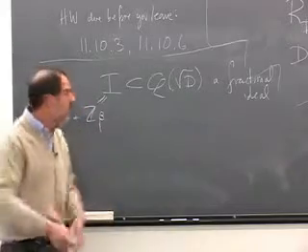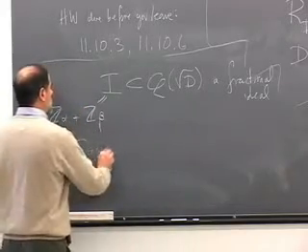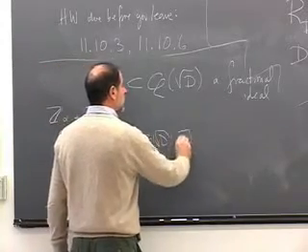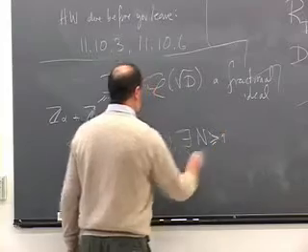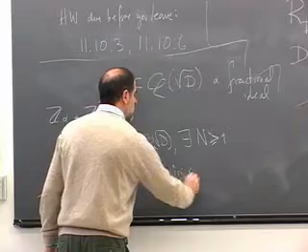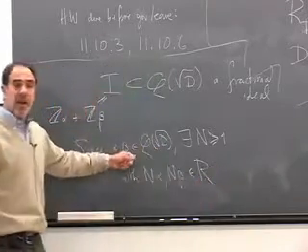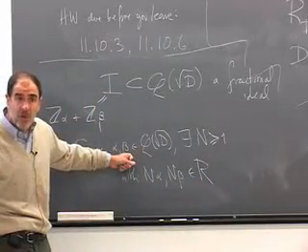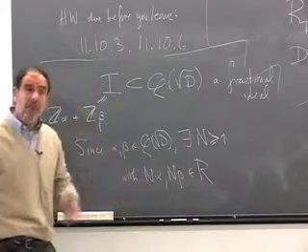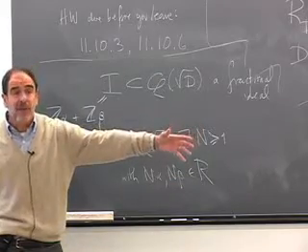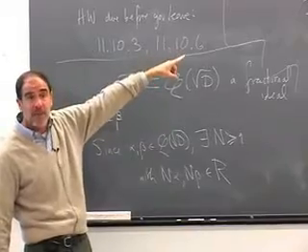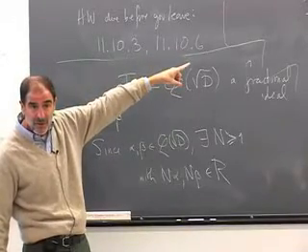Since alpha and beta are in Q(square root of D), there exists some integer n greater than or equal to 1 with n alpha, n beta in R. Namely, these are algebraic numbers. They satisfy some polynomial with rational coefficients. So by clearing denominators, by multiplying them by a large integer, you can make them satisfy a polynomial with integer coefficients. Therefore, R are the things that satisfy polynomials with integer coefficients.